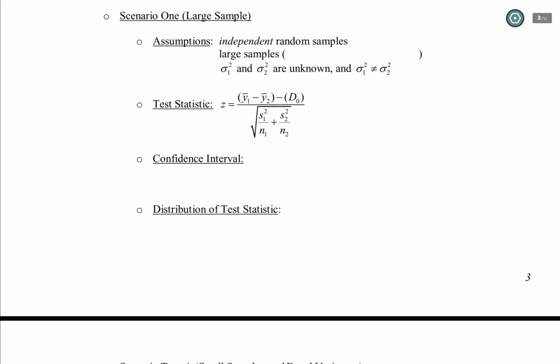The assumptions for this scenario to be appropriate are that I have independent random samples, that I have large samples. Again, I may be making too big of a deal of writing this so often, but both sample sizes are large, bigger than 30. And the variances do not have to be known. That is, they're unknown, and that's more practical.